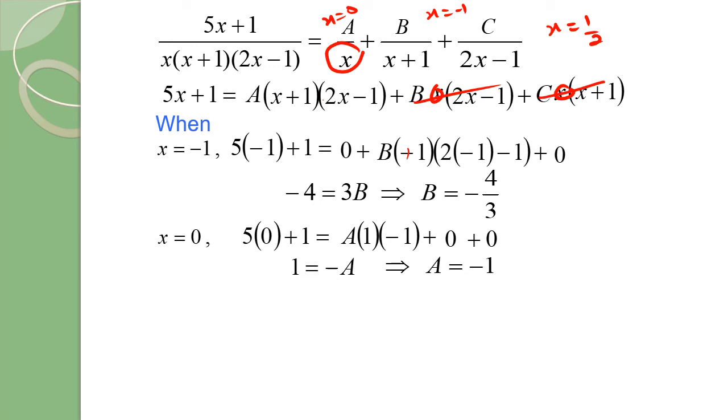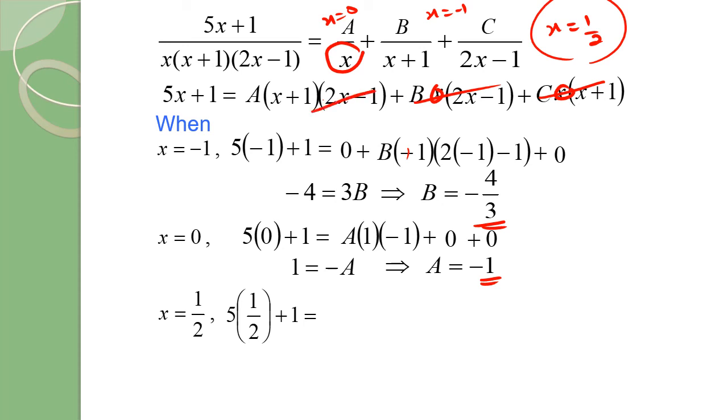And for the next value, we actually can take any value, right? Because we know already what b and a are. But we also can take another value of x that we found from the factors, which is x equal to 1 over 2. So substitute 1 over 2, we have 5 of 1 over 2 plus 1 on the left side, and on the right side, the terms with 2x minus 1 are eliminated. So a and b we just ignore.